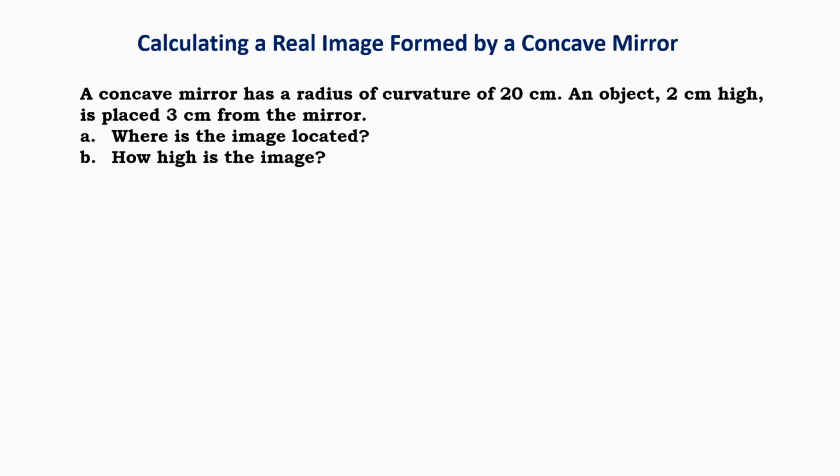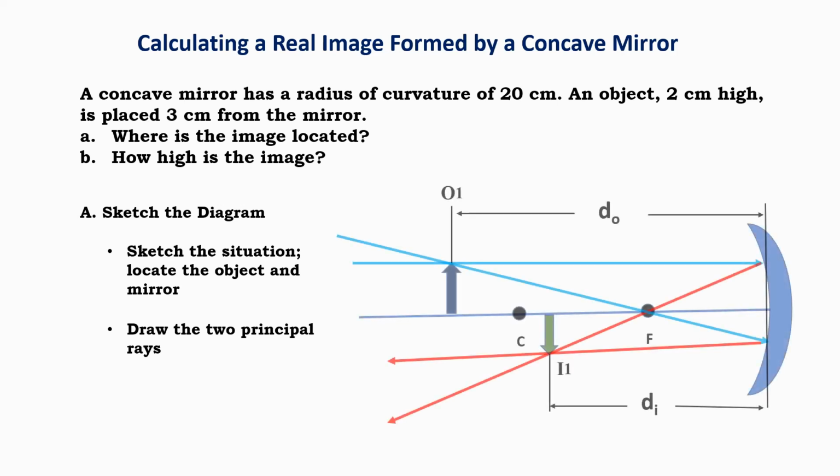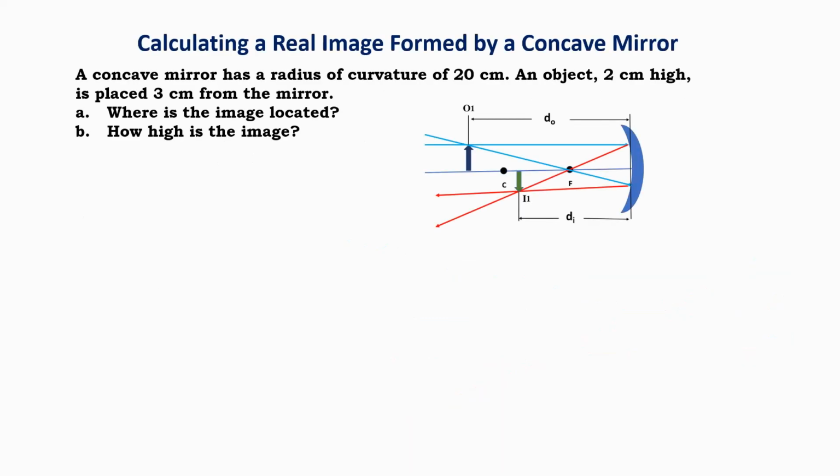For example, a concave mirror has a radius of curvature of 20 centimeters. An object 2 centimeters high is placed 30 centimeters from the mirror. Where is the image located? How high is the image? Sketch the situation and locate the object and mirror, and then draw two principal rays. After sketching the problem, calculate your answer.